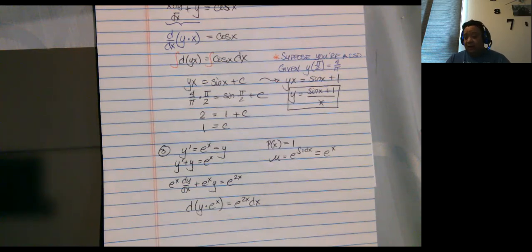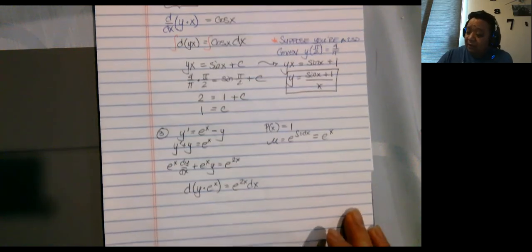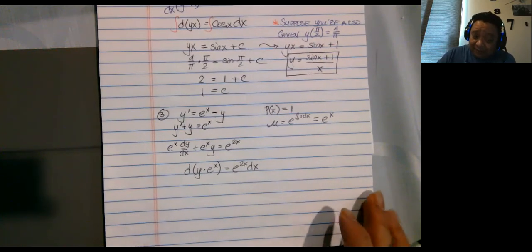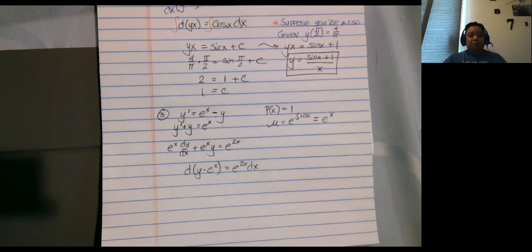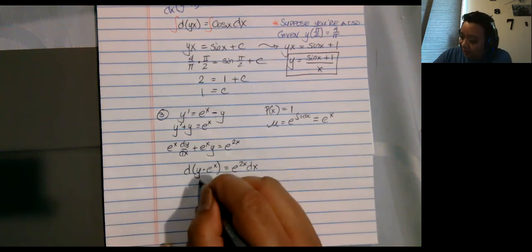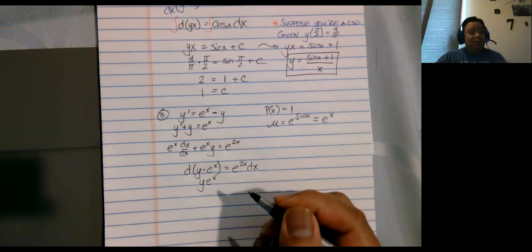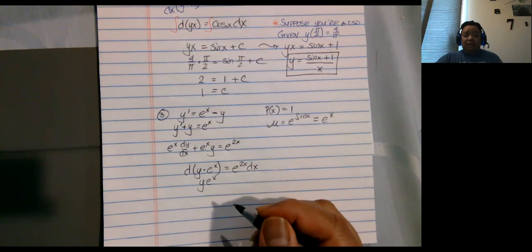And then now you integrate. So what is the left side? It's your y e to the x. It's always your y and your integrating factor.